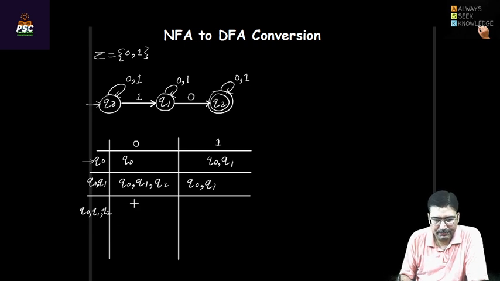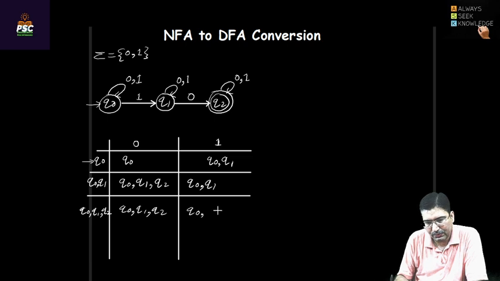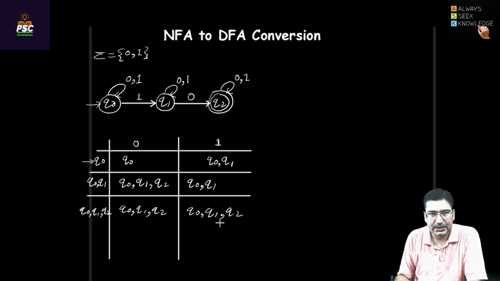Okay, now we write the transitions. So on Q0 Q1 Q2, obviously we will get Q0 Q1 Q2 for 0 input, and similarly for Q0 Q1 Q2 when 1 is coming we will get the same Q0 Q1. So now we did not get any new state, so we need not consider any new state further.